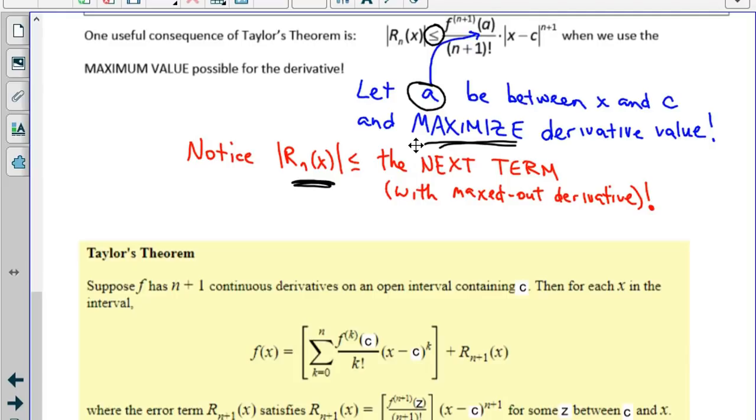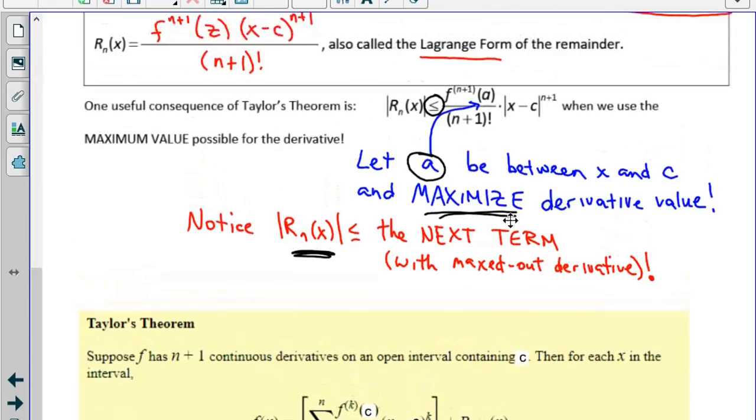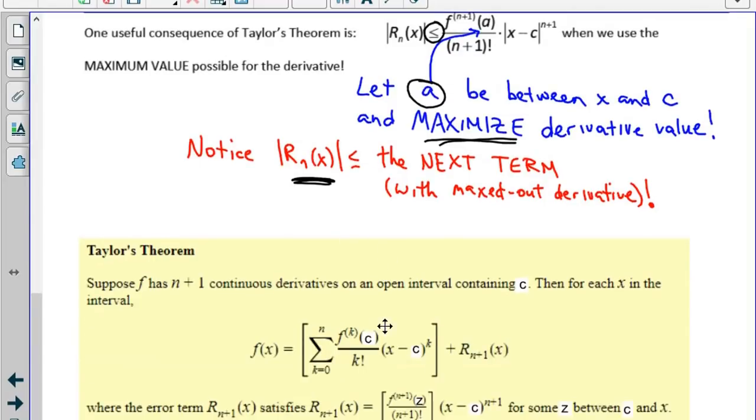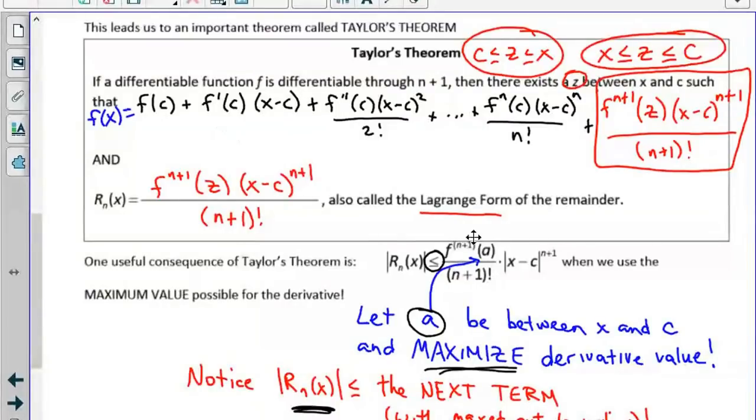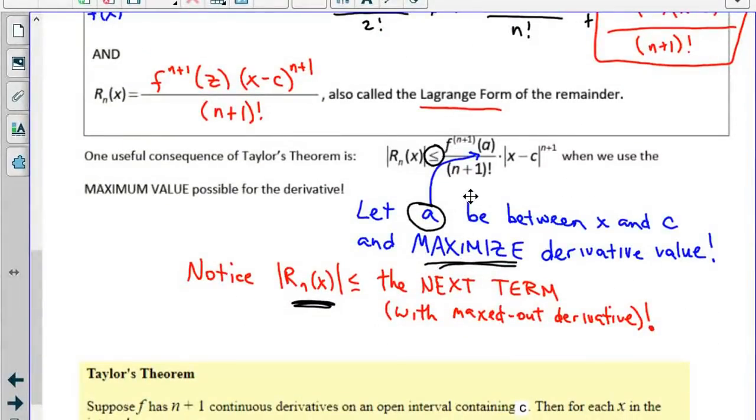One last reminder, just to summarize what's going on, I want to find the maximum possible error. The maximum possible error that I'm willing to live with, basically. I let the maximum possible derivative go into the next term. So it looks complicated with all of these c's and z's and x's and everything. But really, I just take whatever the polynomial is. So let's say I have a 5th degree polynomial. I look at the next term.